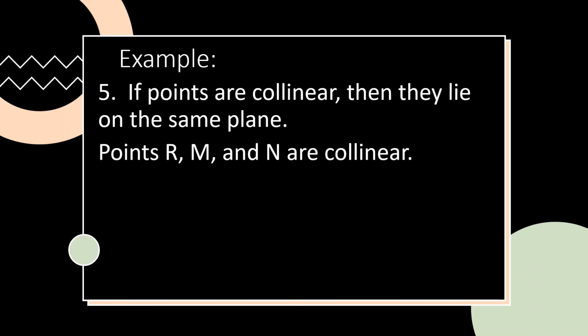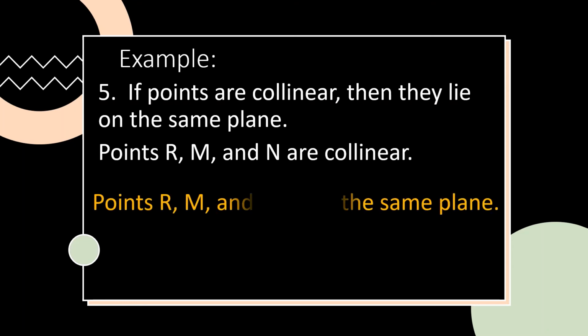Another, if points are collinear, then they lie on the same plane. Points M and N are collinear. So what can you say now about points R, M, and N? Excellent! Points R, M, and N lie on the same plane.